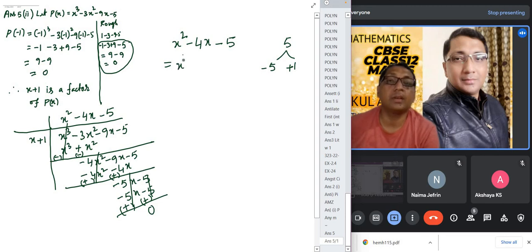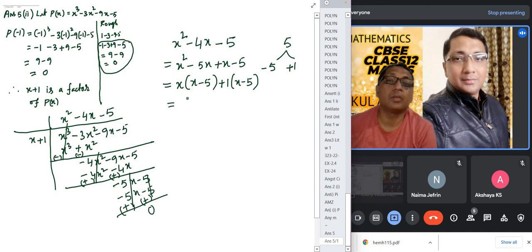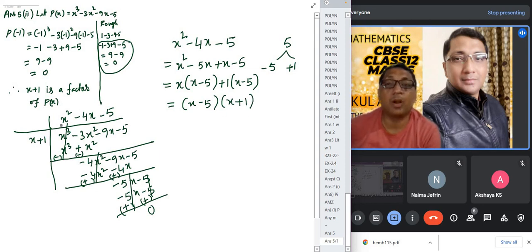So x square minus 5x plus x minus 5. Now take common x from first and second, so x minus 5 we will get. Take minus 1 common, then x minus 5. So we'll get x minus 5 into x plus 1. So other two factors we got from this quotient.